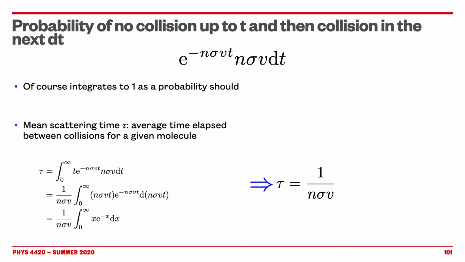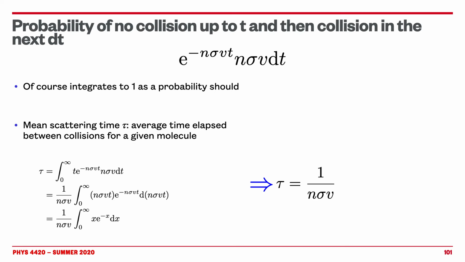Of course, that volume of the cylinder also depends directly on the velocity. So if I sweep more volume, the cylinder is longer, and then the time between collisions is also going to be shorter. And the larger the density of molecules, the smaller the time between collisions. So it all makes sense that the time tau will be 1 over n sigma v.